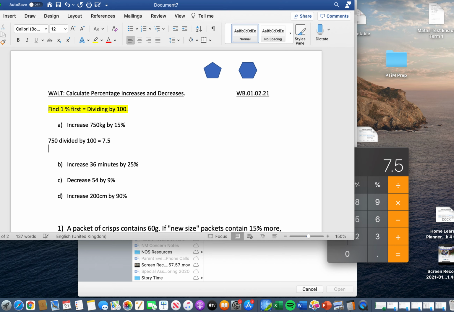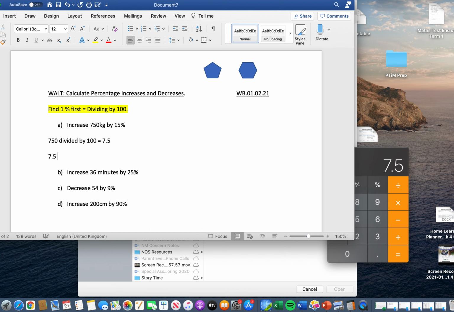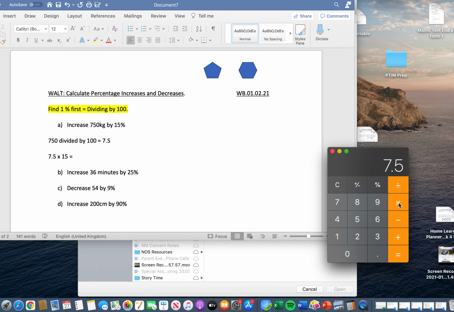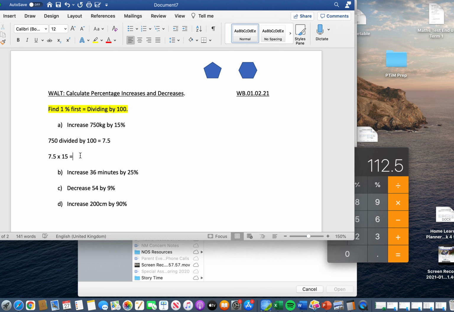It's quite straightforward. My next step is 7.5 multiplied by 15, because the 1%, which we know is 7.5, I need to scale up to find 15% of 750. I've got 7.5 in my calculator already, and I multiply that by 15. Now I've got 112.5.